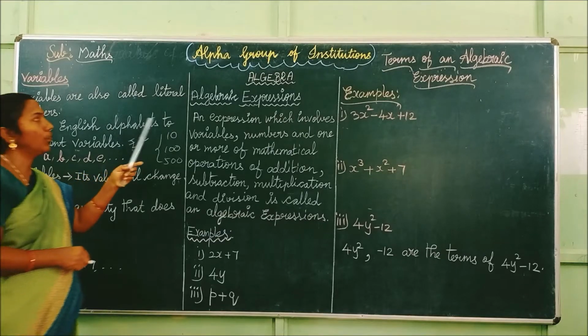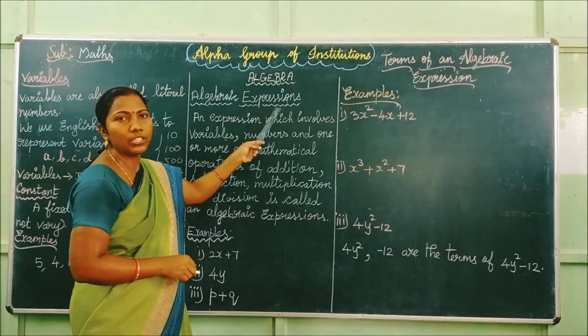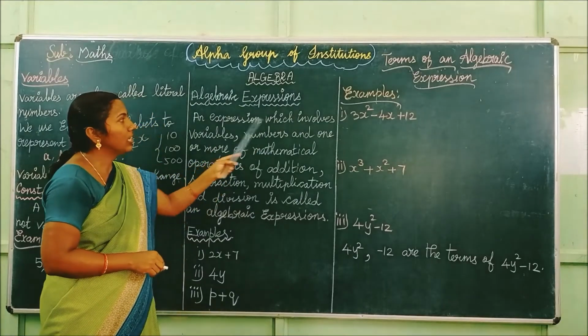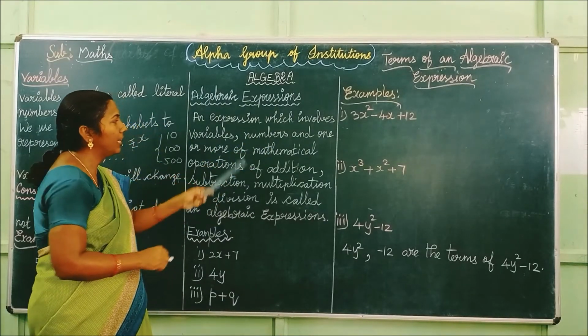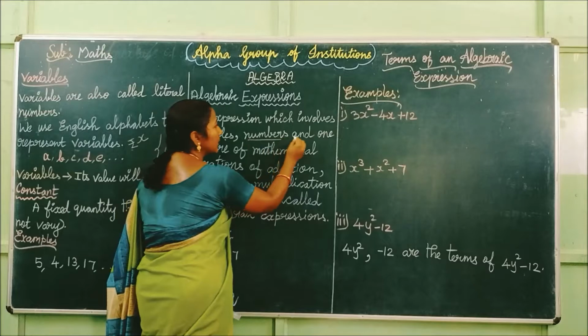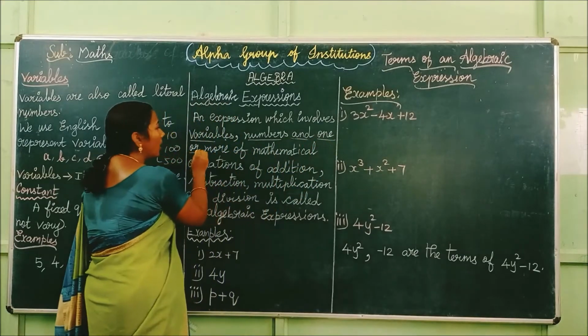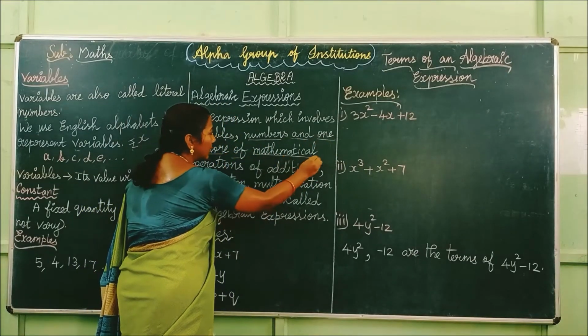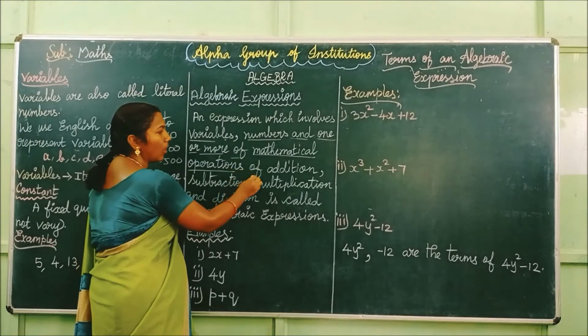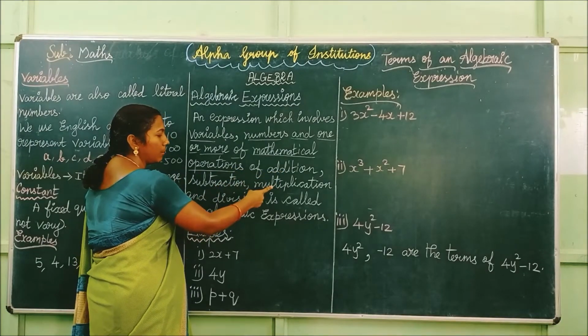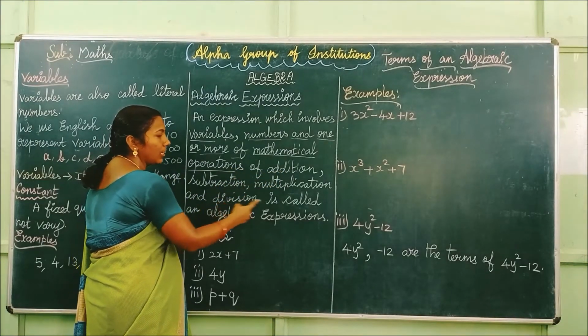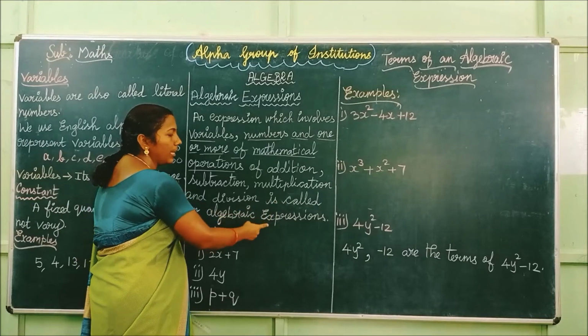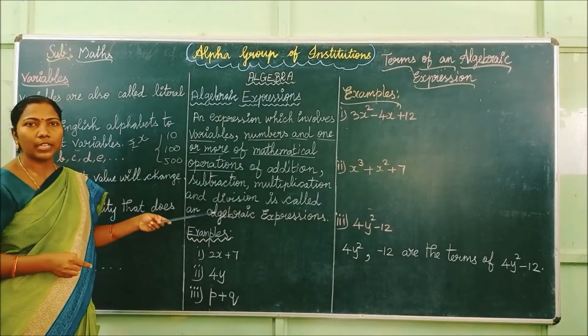Okay. Next we are going to see algebraic expressions. An expression which involves variables, numbers and one or more of the mathematical operations of addition, subtraction, multiplication and division is called an algebraic expression. What is meant by algebraic expression?